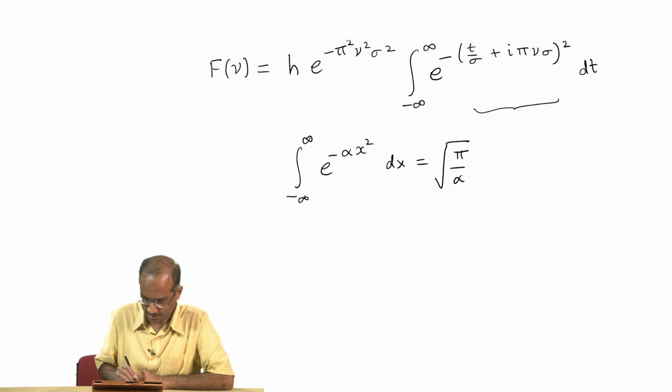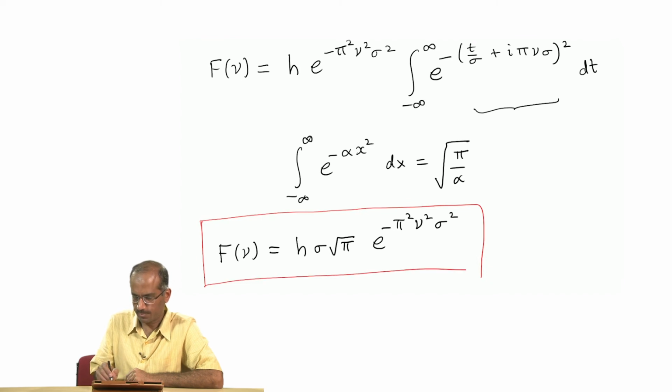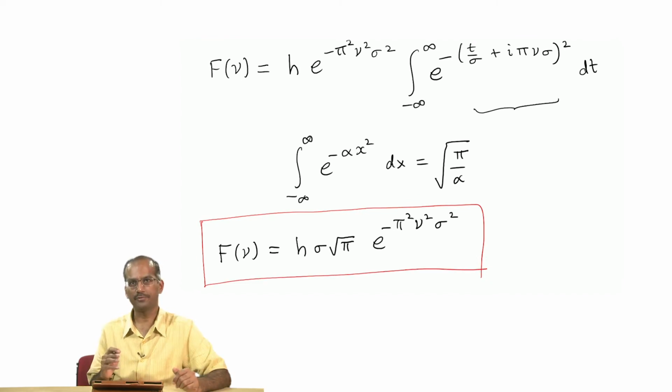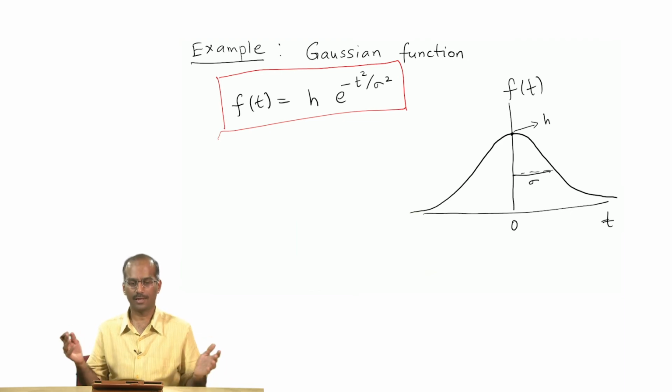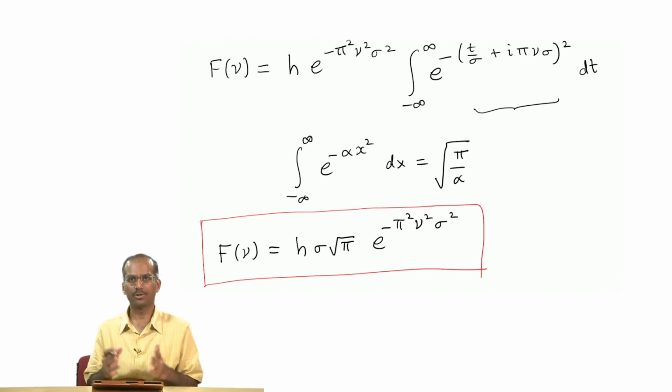So, if I use this result, f of nu can be written as, this is the final expression for the Fourier transform of a Gaussian function. F of nu, which is a function of frequency, is also another Gaussian function. So, what is the difference? If the width of your original function is large, the width of the Fourier transform function, even though it is still a Gaussian, it is going to be much smaller.